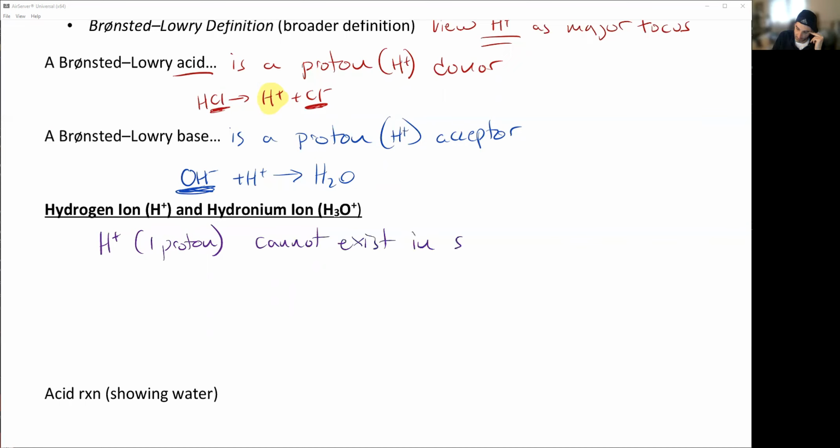So there's a problem here, because if that can't exist, how can we represent it? It's more proper to recognize it, because this is actually what it looks like in solution, to use the hydronium ion.